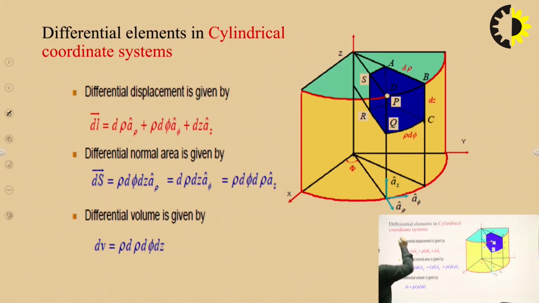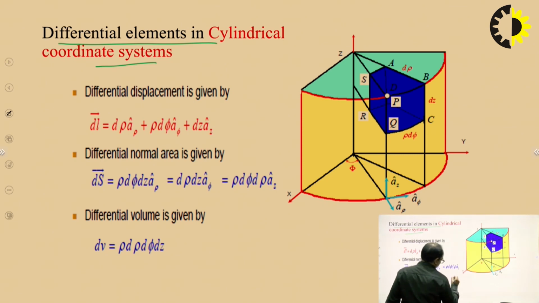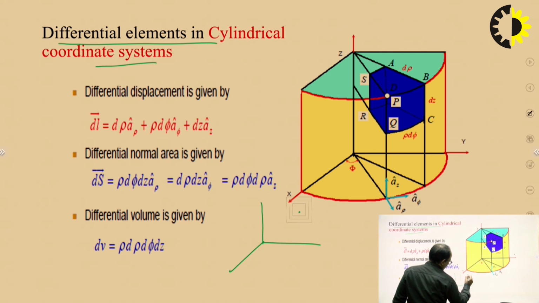Now next one is the differential element in the cylindrical coordinate system. Now see, if I say this is a point P, this point P is passed through a cylinder.